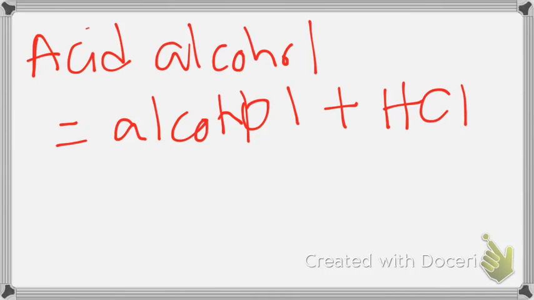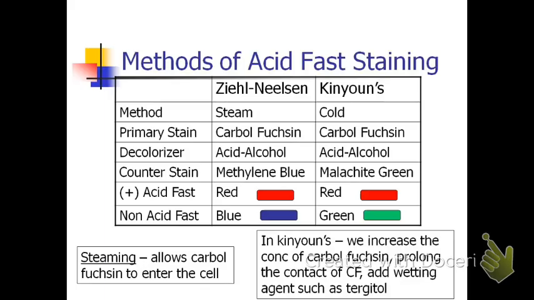So, it is a mixture of alcohol and hydrochloric acid. They also differ in terms of the counterstain. The Ziehl-Neelsen method utilizes methylene blue, and as a result, non-acid-fast organisms stain blue. On the other hand, the Kinyoun's method uses malachite green, and as a result, non-acid-fast organisms are stained green.